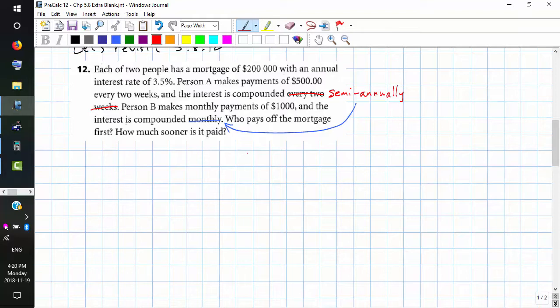So we have to calculate I. I equals 1 plus 0.035 divided by 2 raised to the power of 2 over 26 minus 1. Plug it in our calculator and we get approximately 0.001335540.